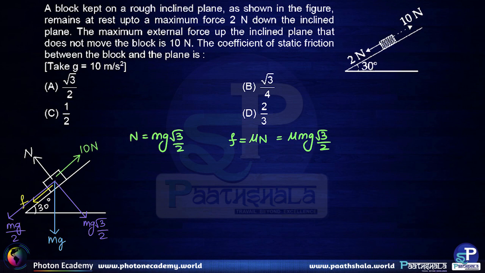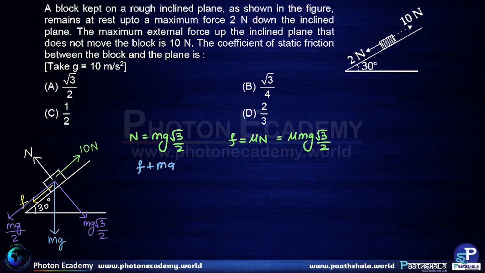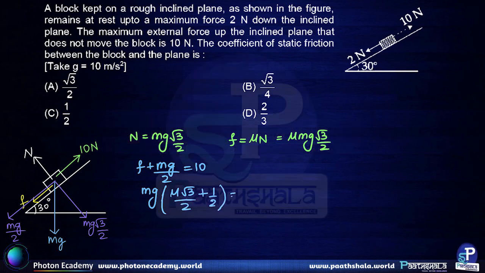Now balancing the forces along the inclined plane, we get F plus mg by 2 equals 10. This gives mg into (mu root 3 by 2 plus half) equals 10. So mg into (root 3 mu plus 1) equals 20. This is our second equation.